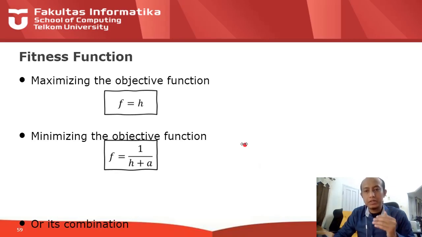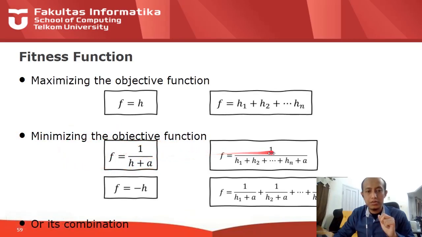The simplest fitness function is if we have an objective function h and we want to maximize it. Therefore, fitness function f is equal to h. But for minimizing the objective function, we can use one of these formulas.